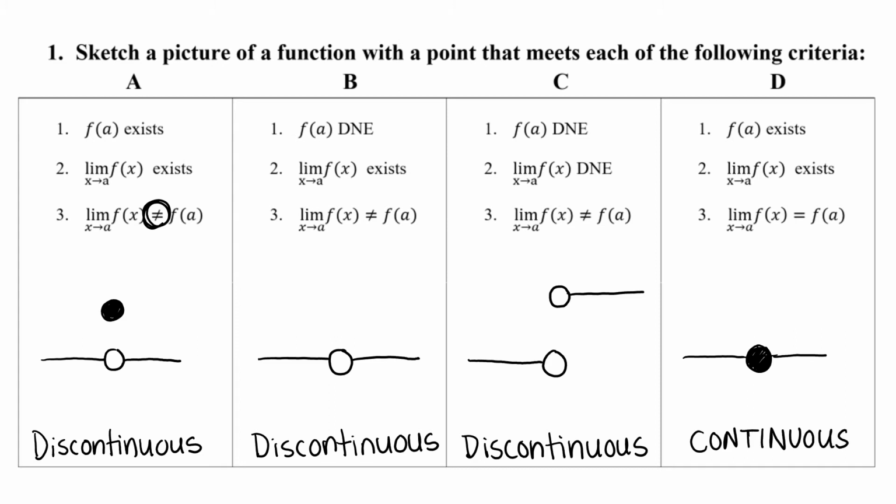Could not spell continuous and say at a at the same time. So remember, you need to check for all three of these. It's not enough just to show that they exist, because it's possible that they exist but they're not equal, and then we're discontinuous. So in order to have continuity, we have to show all three of these.